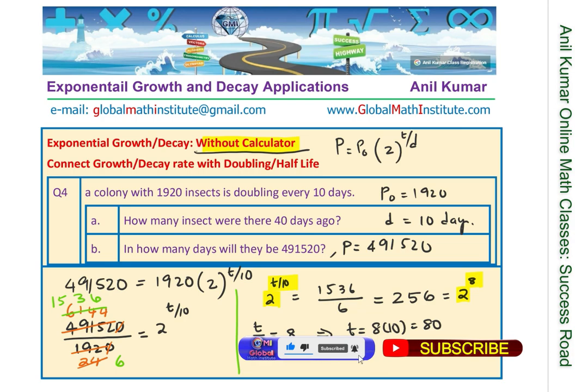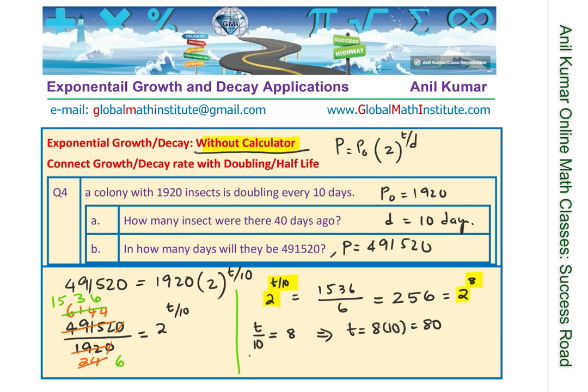So in 80 days, the population will be 491,520. So that's our answer. You get the idea. Does that make sense? So that is how you will be doing it. So it's a practice.